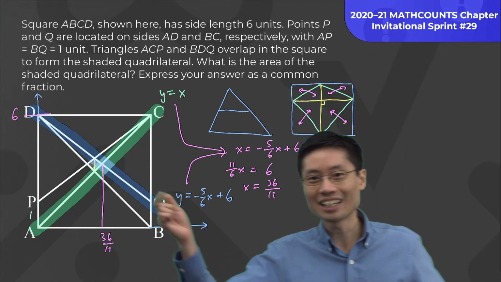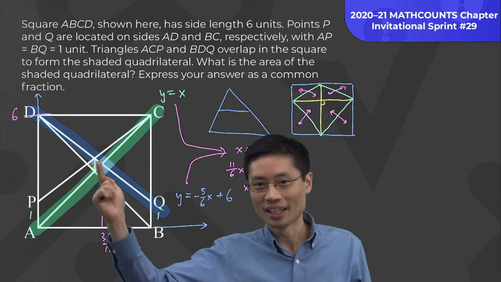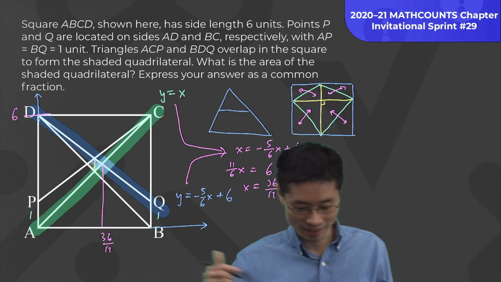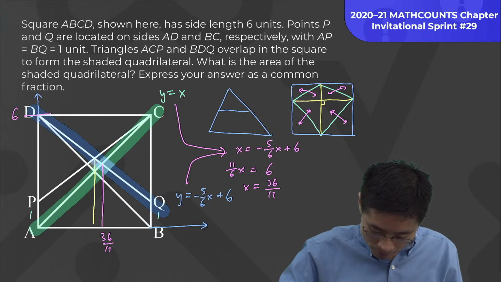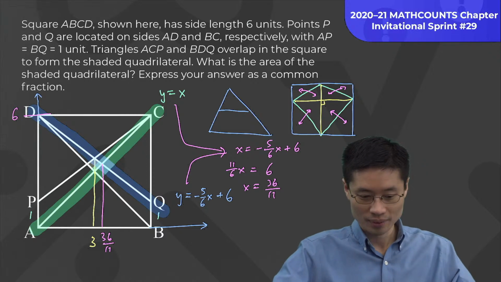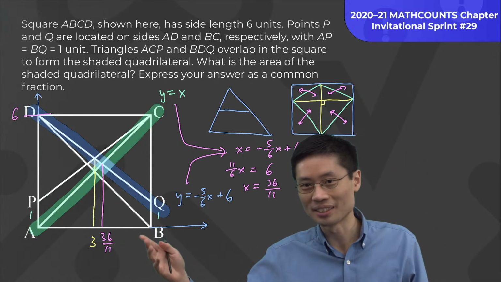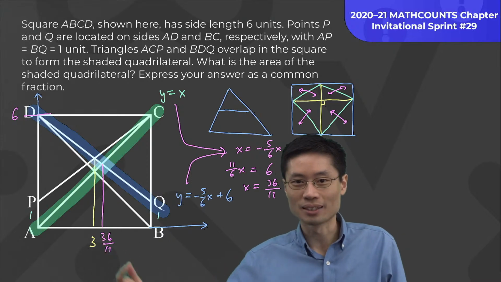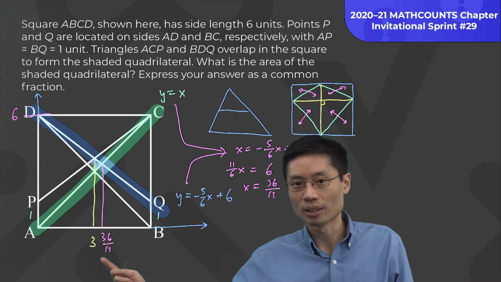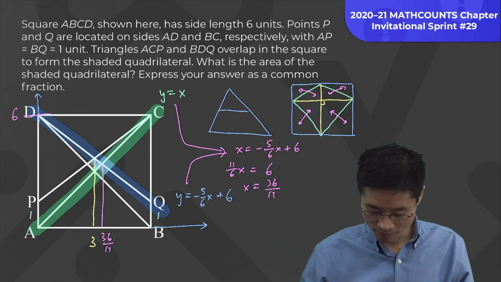Now, I care about the whole thing. And this yellow thing is at 3, which is halfway. This is not 3 and 36 over 11. That's not even how you write a mixed number. But now I can find this gap, right? Because if I want to know the gap, well, 3 is 33 over 11.